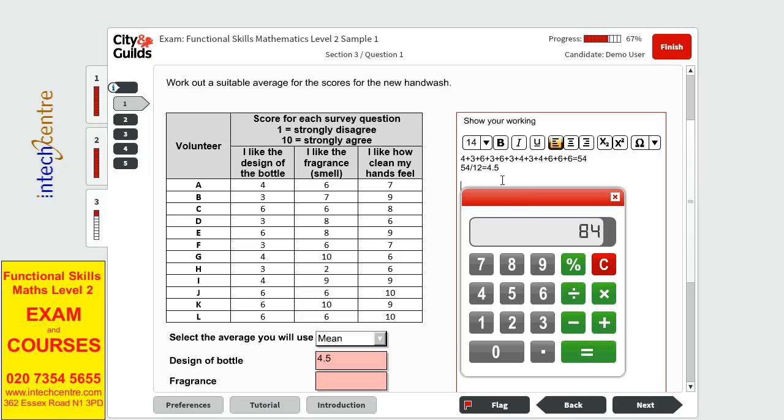And we have a total of 84 divided by 12. Let's find out the answer. It will be 7. So for fragrance we have 7 as the mean.